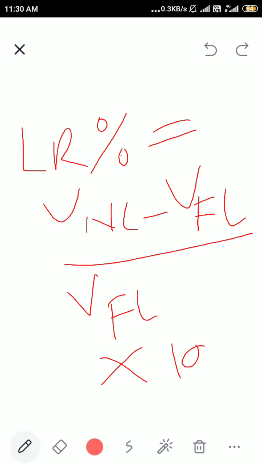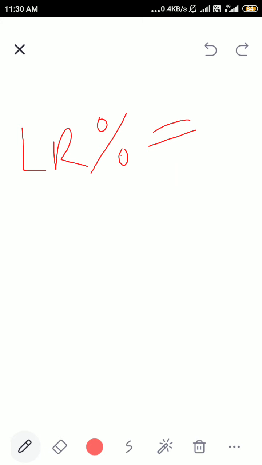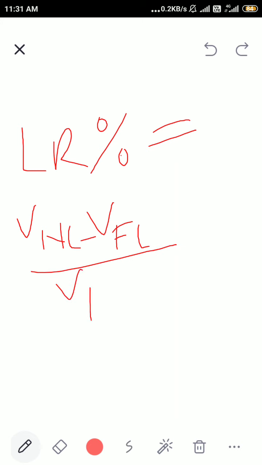Let me write it clearly. It is VNL minus VFL upon VFL into 100. So this is the percentage of load regulation.